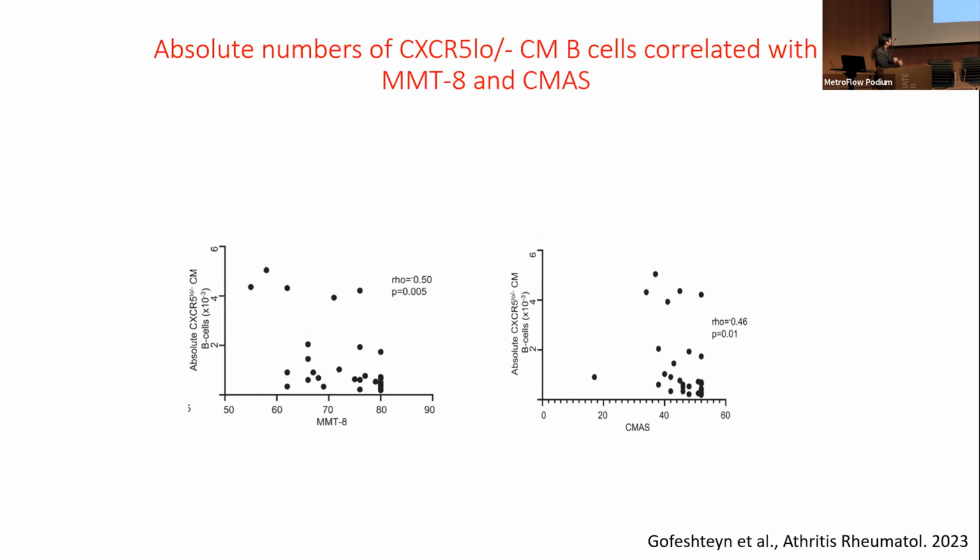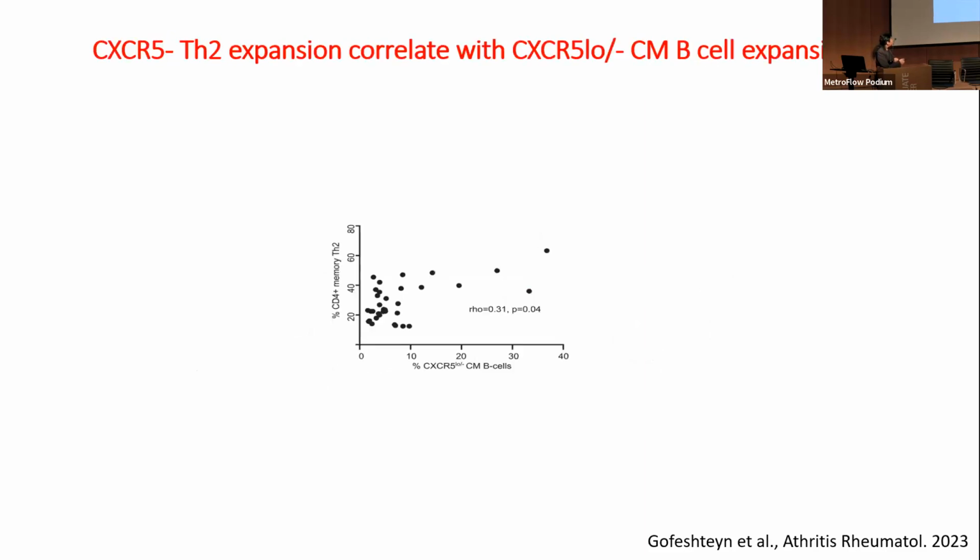Moreover, we also found that muscle activity, as shown by MMT8 and CMAS, was associated with the absolute count of the CXCR5 low conventional memory cells. And finally, we found that the CXCR5 low conventional memory B cells were associated with the expansion that we see for the Th2 cells. This brings us to what might be the interaction between these cells and the Th2 cells, which we are interested in characterizing right now. This is something that is ongoing in the lab.